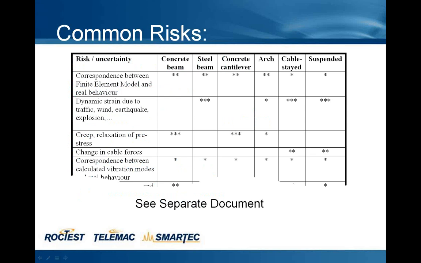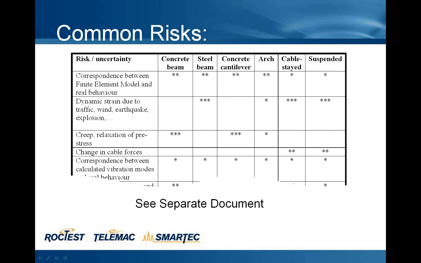We have prepared a table that for each type of bridge identifies the most important or common risks and uncertainties. So for example, in the table you can see the first line says the correspondence between finite element model and real behavior is generally an issue of medium importance for all types of bridges.